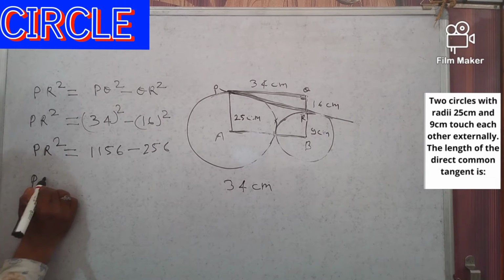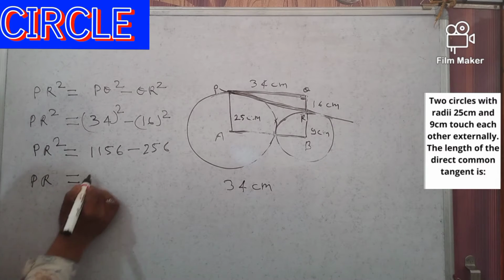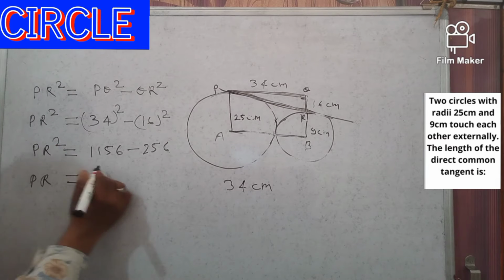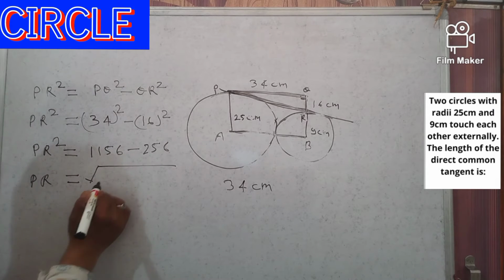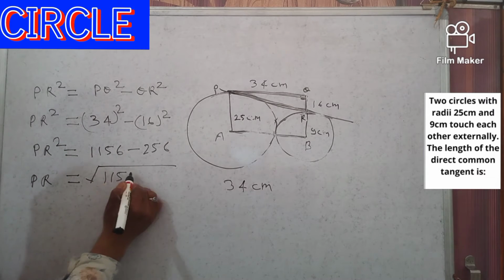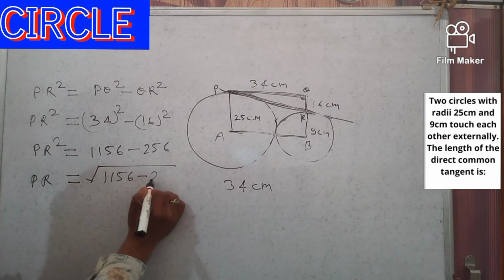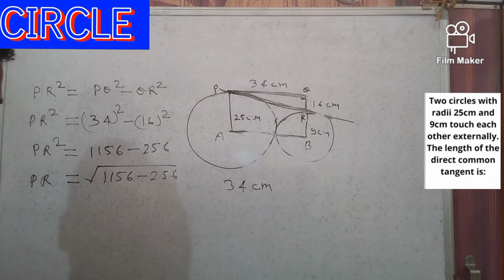So PR is equal to under root 1156 minus 256.